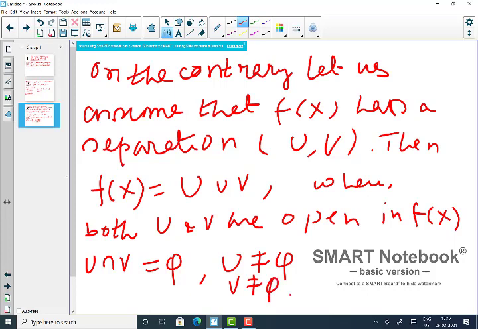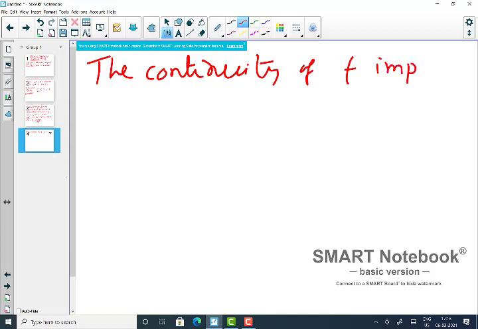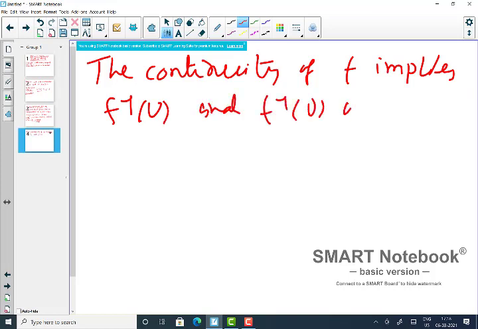These properties are there. Okay, now because f is a continuous function and U is an open set in f(X), the inverse image is also open, right? So the continuity of f implies f inverse of U and f inverse of V are open in X, right?